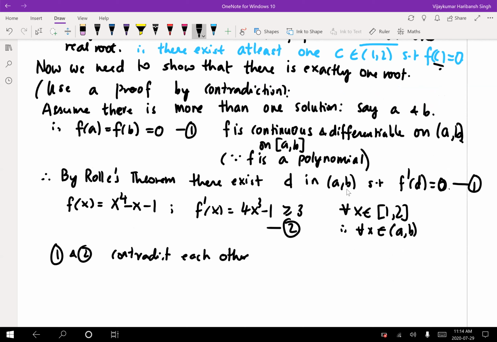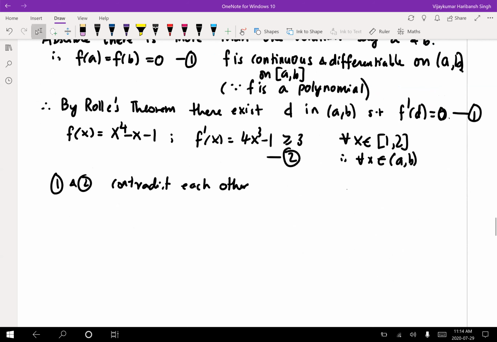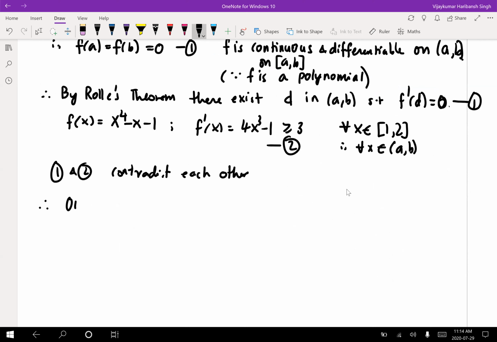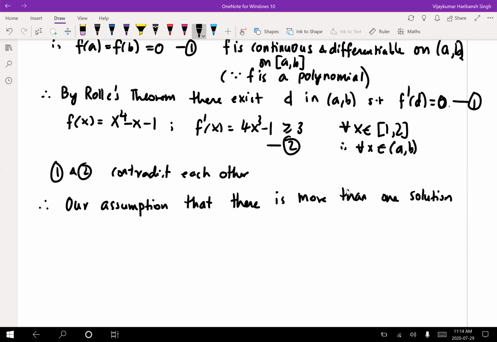So our assumption is wrong. So our assumption that there is more than one solution is false.